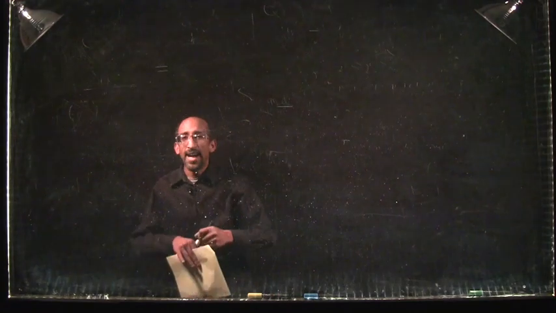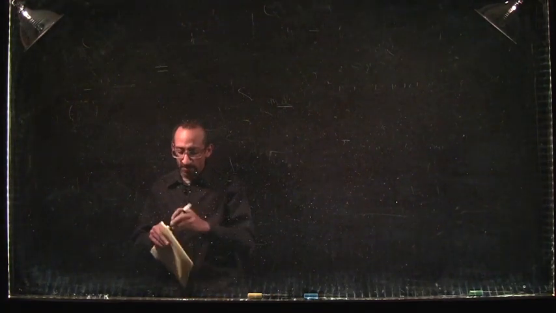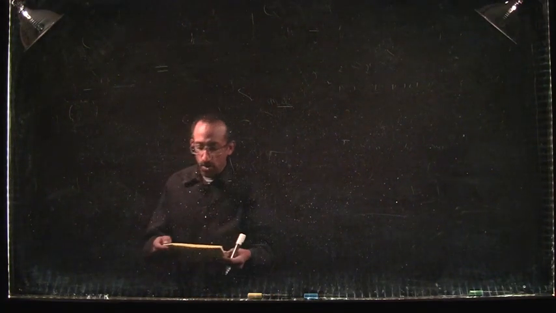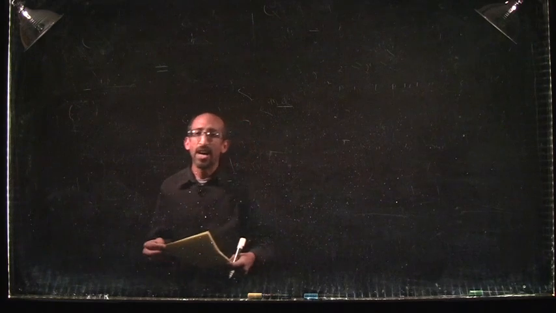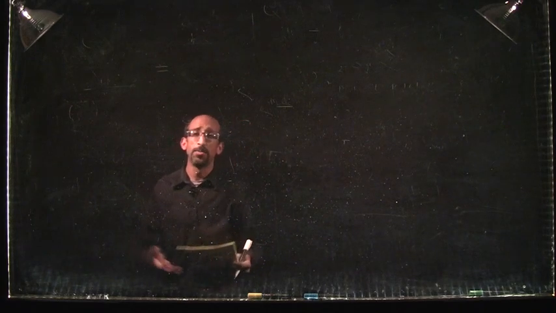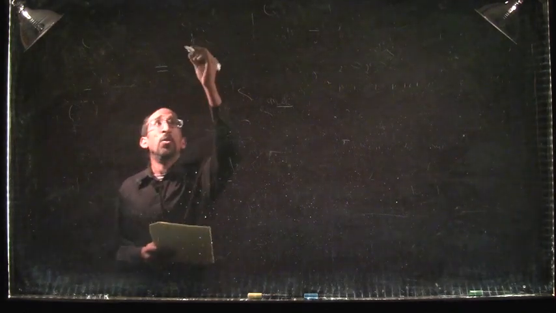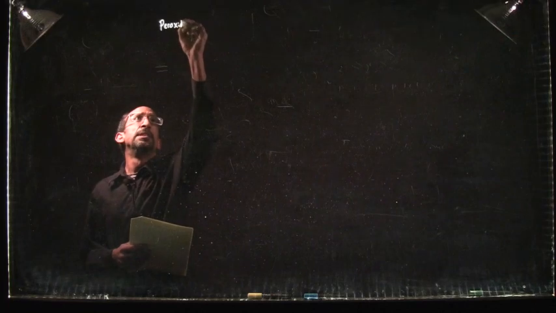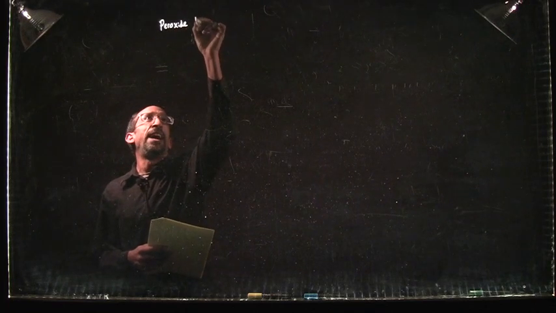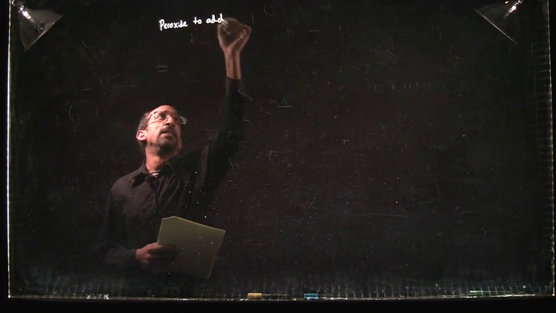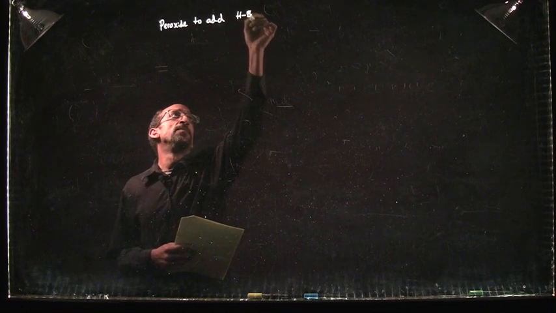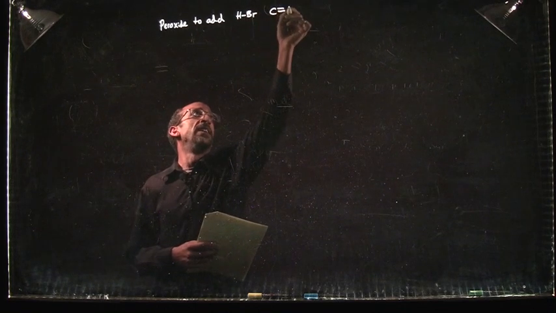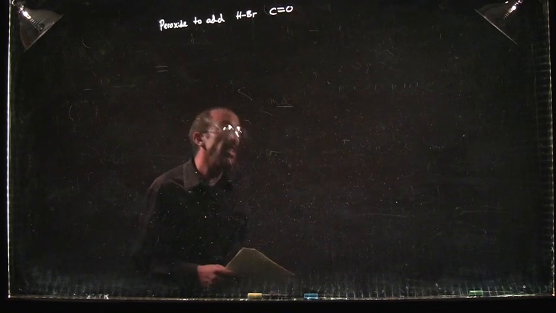Okay, our last reaction for topic 24 is going to be the peroxide-mediated addition of HBr across an alkene. So we're going to use a peroxide to add HBr across an alkene.